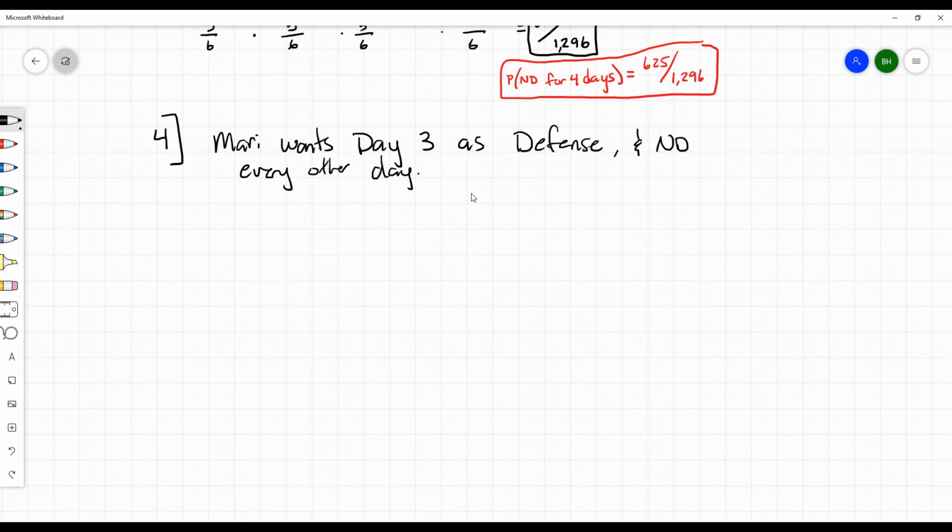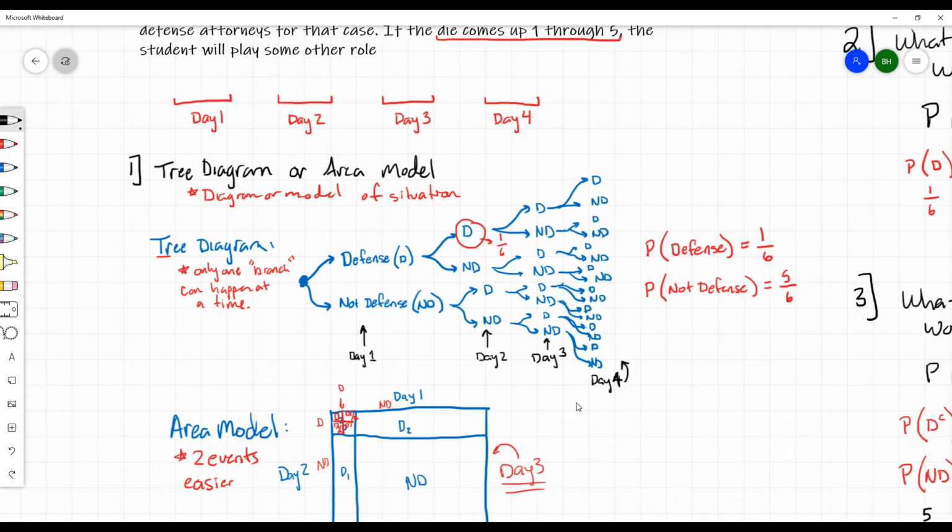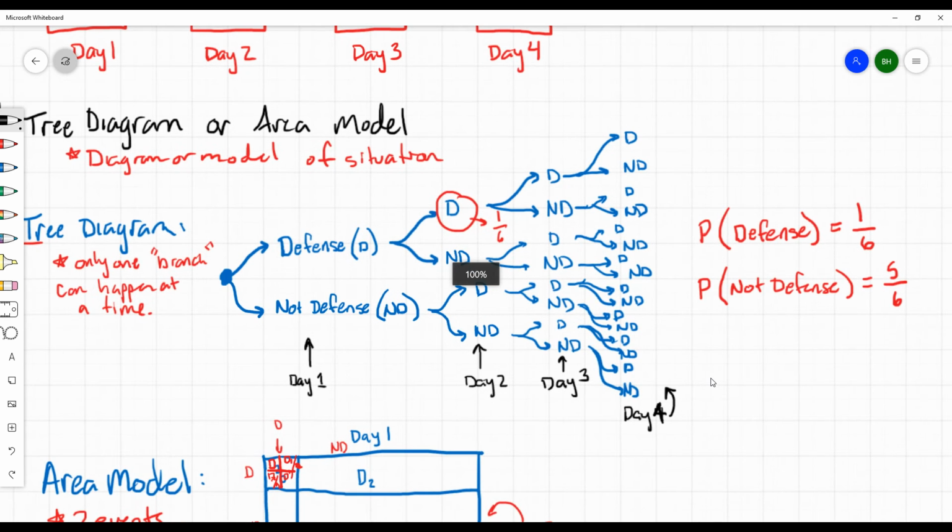So if we go back to our tree diagram, she wants the defense. Let me erase this really quick. She wants the defense specifically on the 3rd day. So the 3rd day, she wants to be defense, and then she does not want to be defense every other day. So she doesn't want to be the defense on the 1st day.